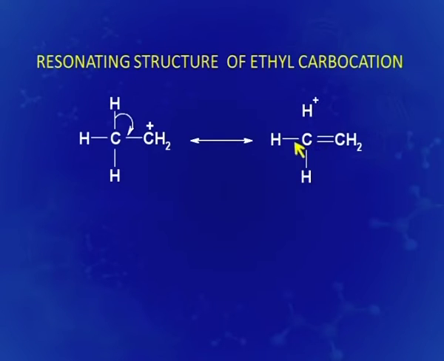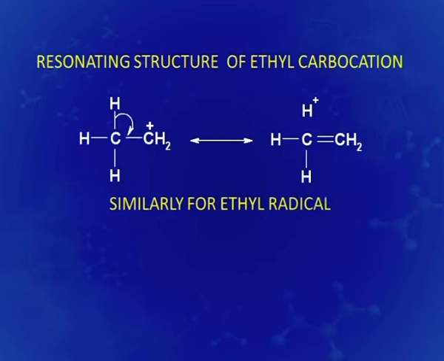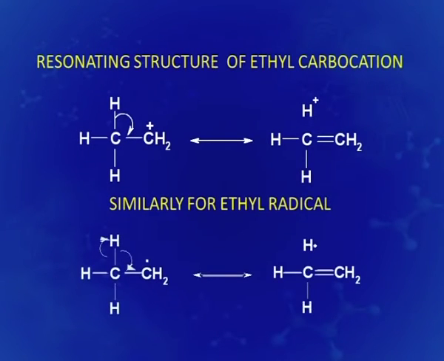And though it is out of context, it is good information to tell you that ethyl radical gets stabilized by the same means. So, it also, by means of hyperconjugation or a no bond resonance, gets stabilized by drawing a number of resonance structures.